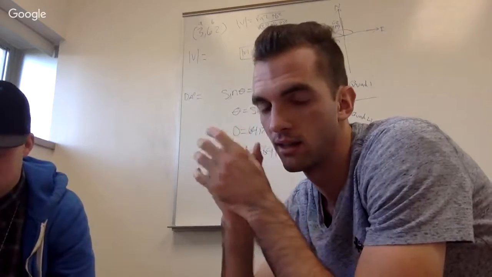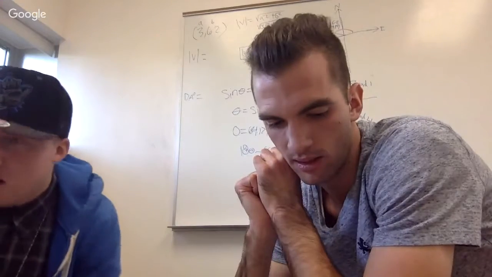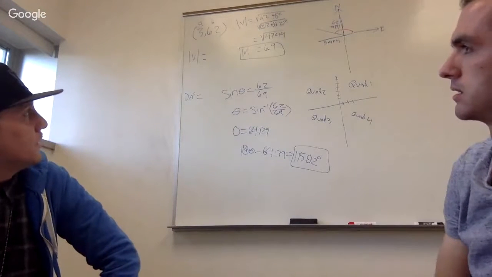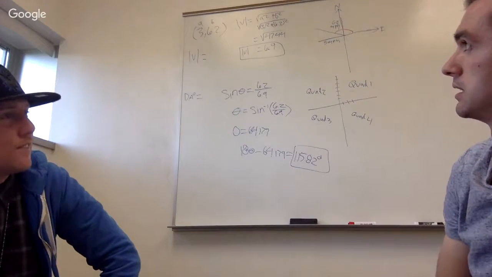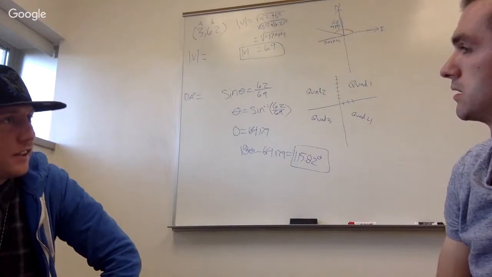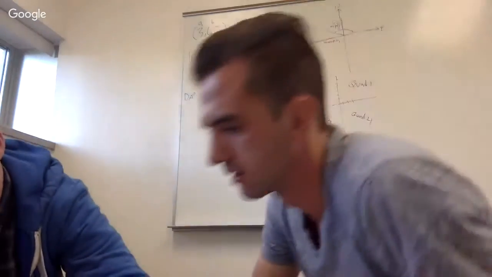The only thing that makes sense for this problem is this, because the resultant is just u plus v, isn't it? U times v or u plus v. Sounds right.